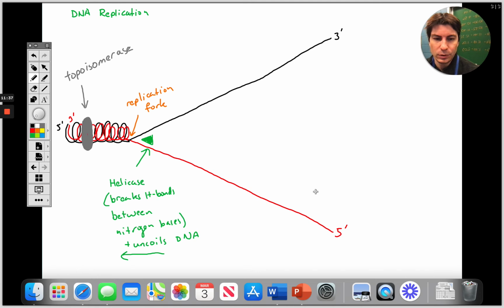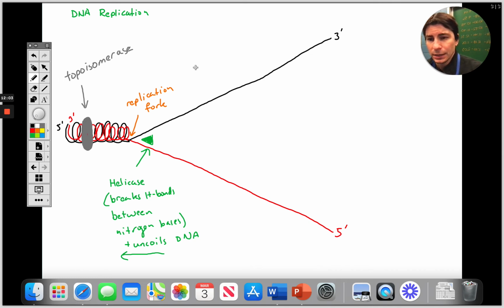And then next time we'll come back and do the other strand, the 5' strand, or the red one. All right, so our goal is to make another strand to complement this guy here. So we want to complement our 3' strand.